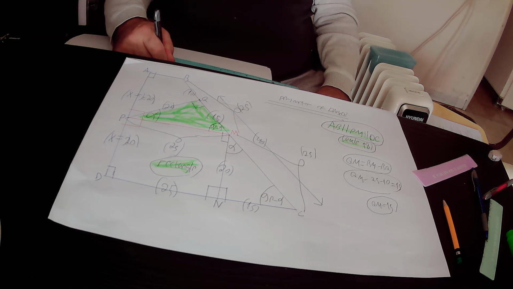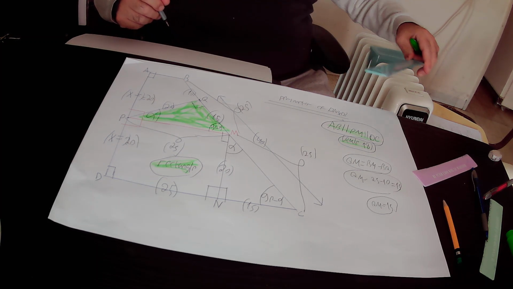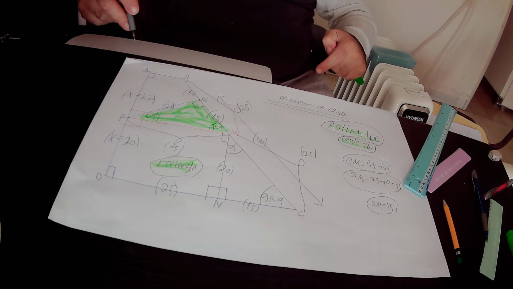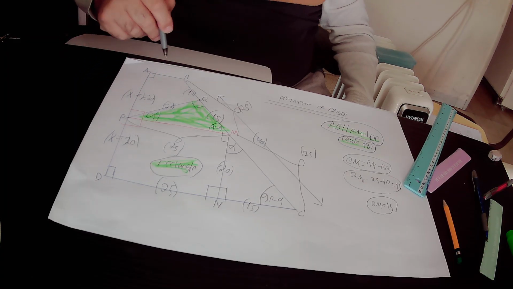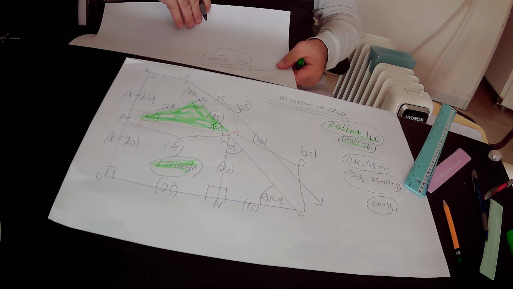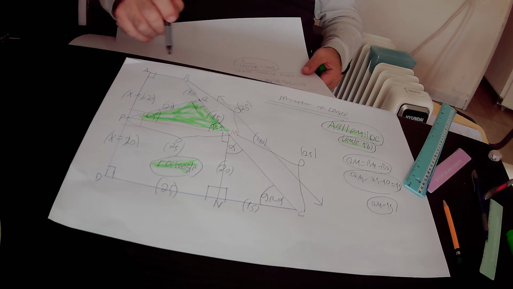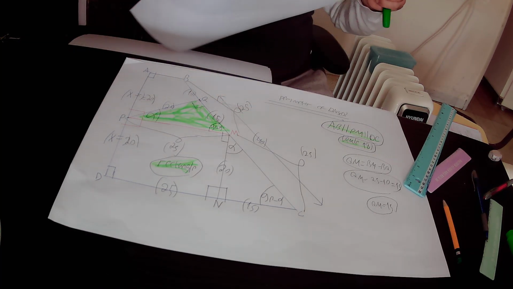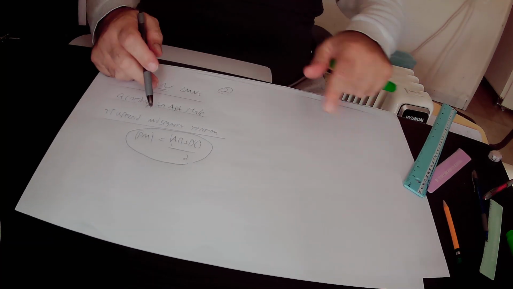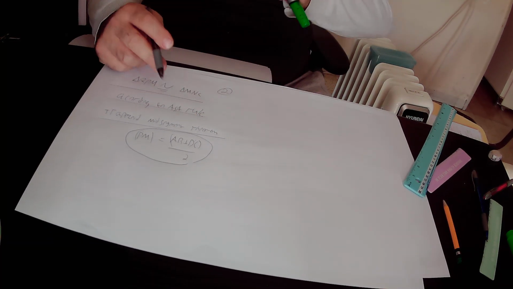And again, the length of mid-segment PM that bisects the two legs AD and BC is equal to the sum of its two parallel bases, that is actually AB plus DC over 2. So PM equals AB plus DC over 2.